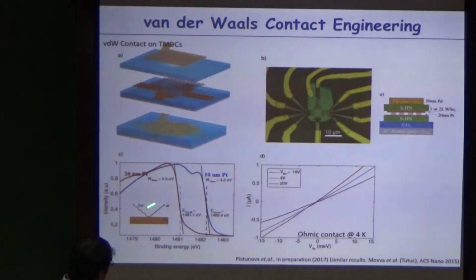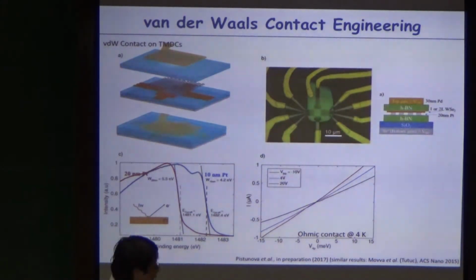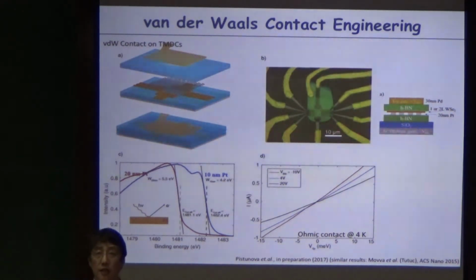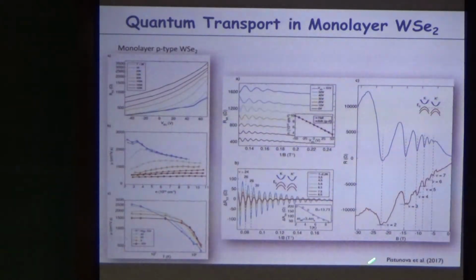And once you match its work function with the work function of this Van der Waals system, even for this P-type semiconductor tungsten diselenide, you can stamp it onto the pre-made electrode and encapsulate with boron nitride. You can get decent contact quality and high enough mobility such that you can get the quantum oscillation under a magnetic field, where the quantum effect starts to appear in this type of system.